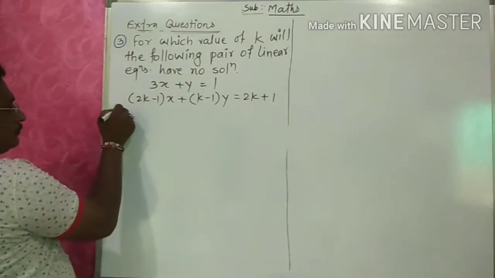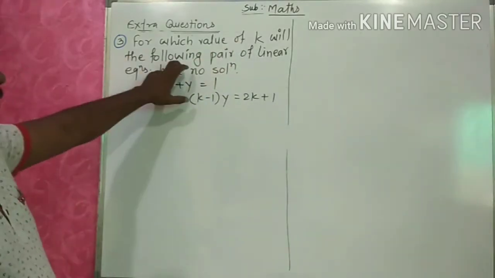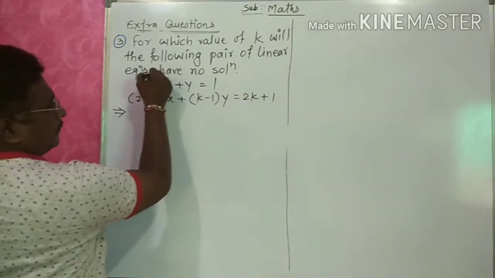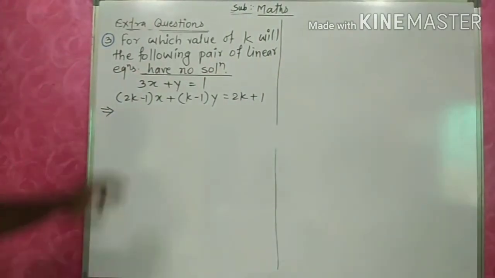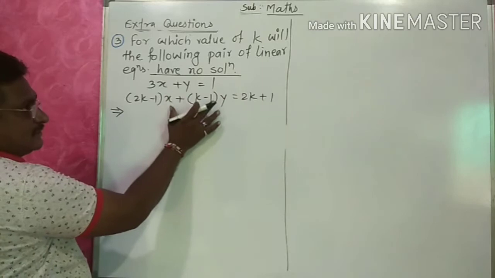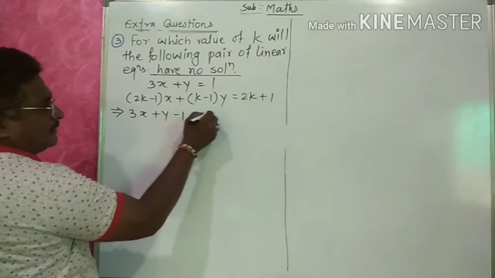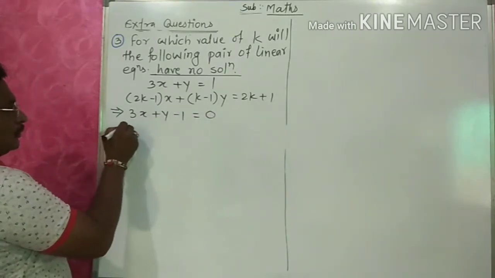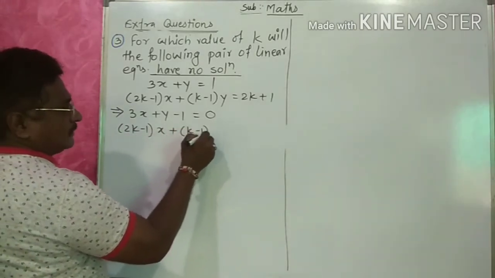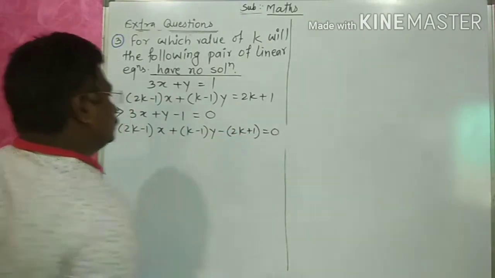Now third question. For which value of k will the following pair of linear equations have no solution? This is the condition: have no solution. So first we have to write these equations in the standard form. 3x plus y minus 1 equals 0. 2k minus 1 into x plus k minus 1 into y minus 2k plus 1 equals 0.